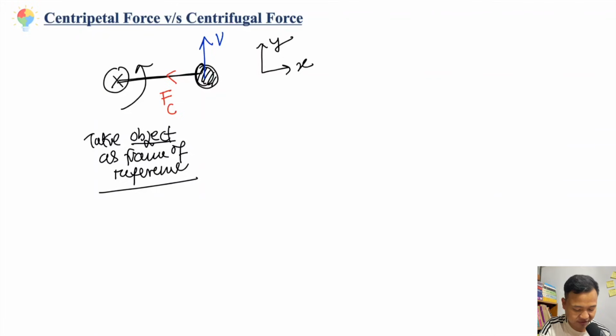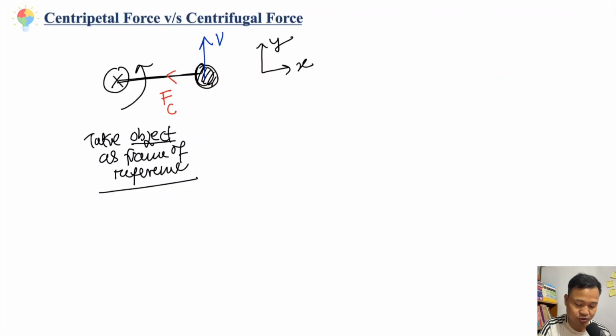You have to sit there and observe the motion. If you sit on this stone and observe the whole motion with respect to you, this object is at rest with respect to you.